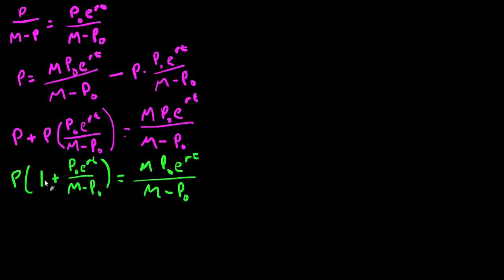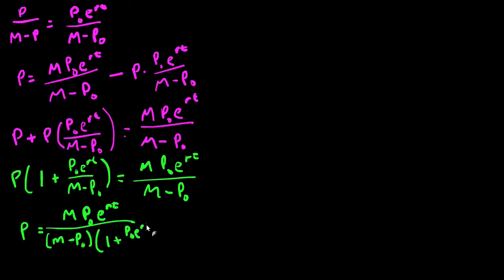I'll divide both sides by 1 plus p naught e to the rt over m minus p naught, and when I divide, it's going to end up in the denominator. So I will have p equals m p naught e to the rt all over m minus p naught times this whole mess, 1 plus p naught e to the rt over m minus p naught.